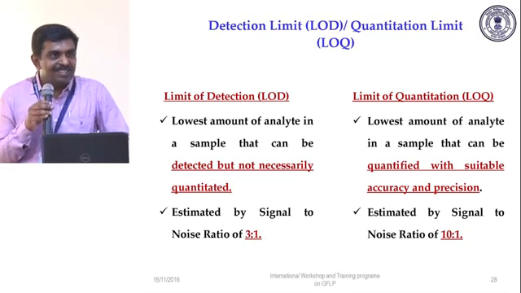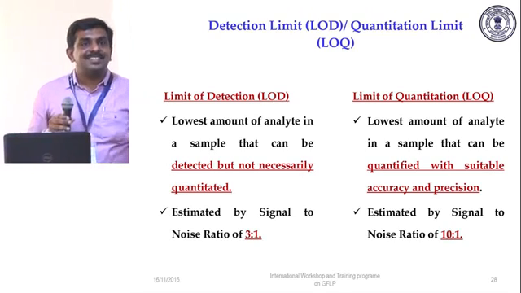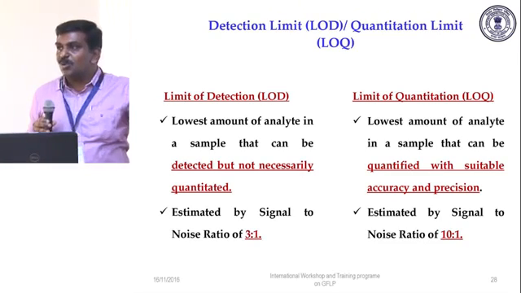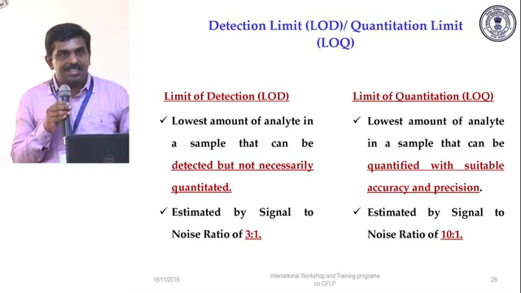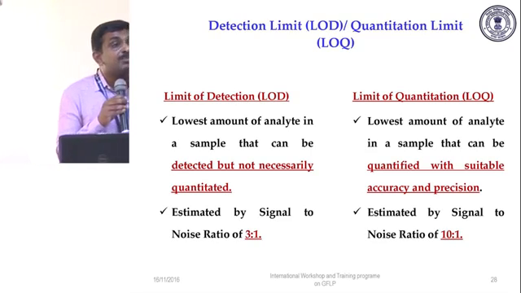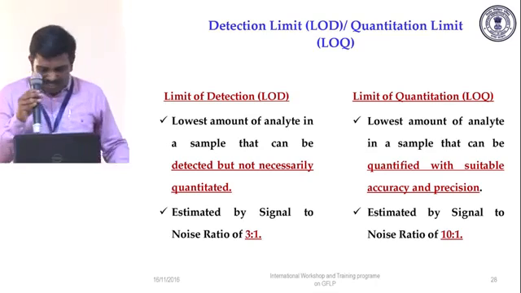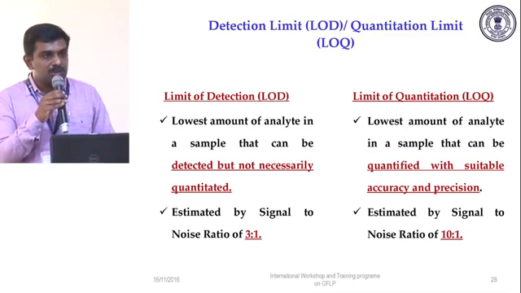You run a reagent blank, then go for mean plus 3 times SD, or 6 or 10 times SD, when absorbances are coming. Or even where counts are there, people do it.